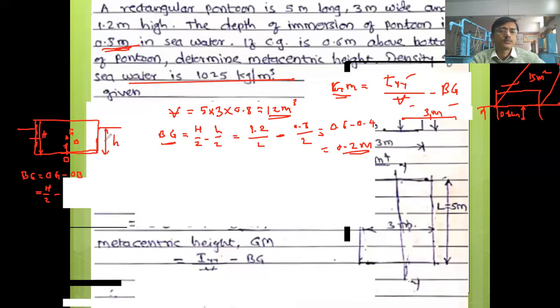If we take the half of this, then you will get the position of B from the bottom of the object. So that's why we write here small h by 2, right? So here we have put these values and we got BZ is equal to 0.2 meter. Okay, everyone got this point, or is there any doubt?